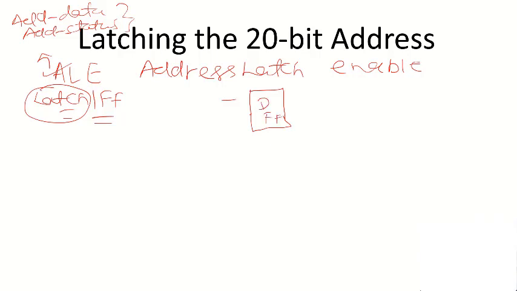This is the applied input, and this is the clock, and this is a negative edge triggered flip-flop. Suppose this is your clock, with positive and negative edges. Whenever the negative edge comes, the applied input data D will be available at the Q output.